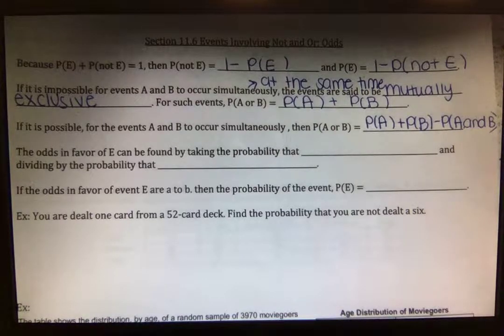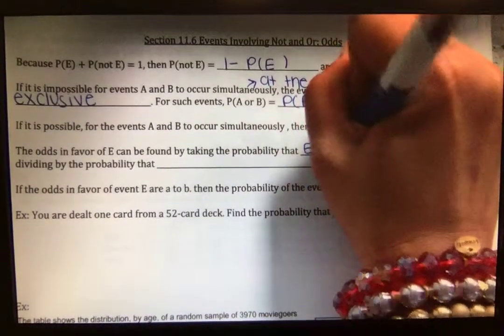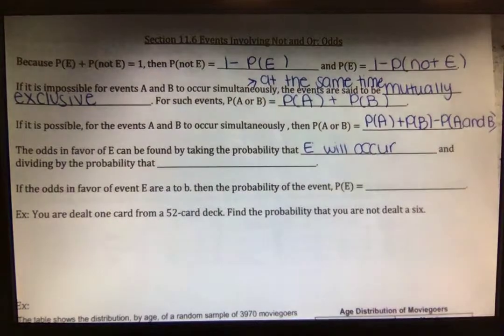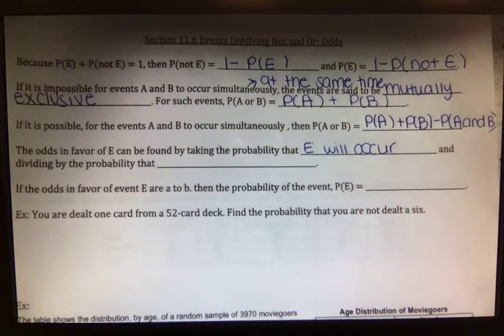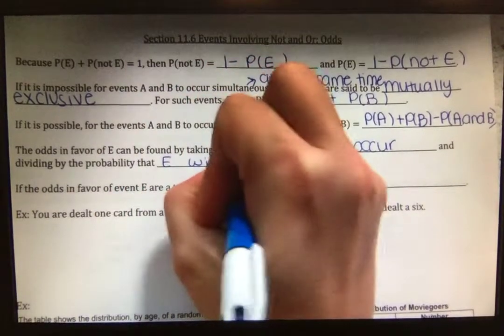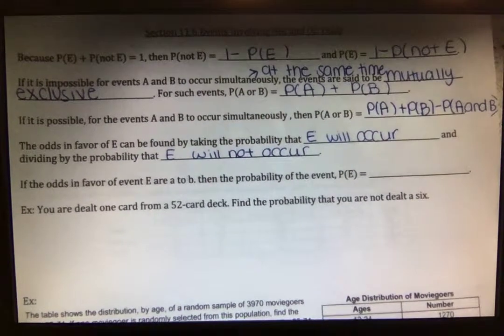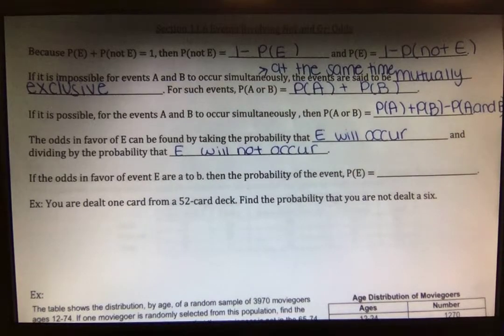So, odds in favor. The odds in favor of E can be found by taking the probability that E will occur and dividing by the probability that E will not occur.